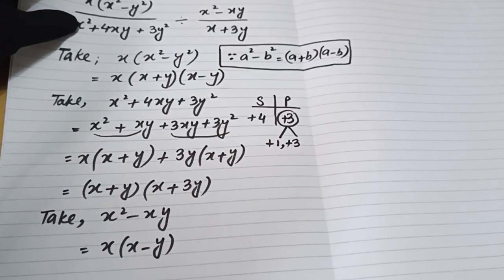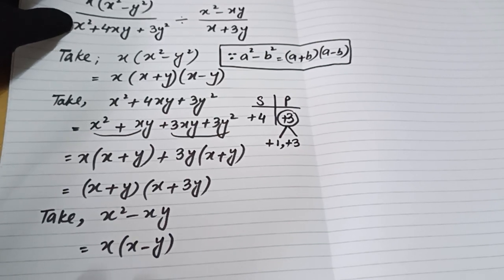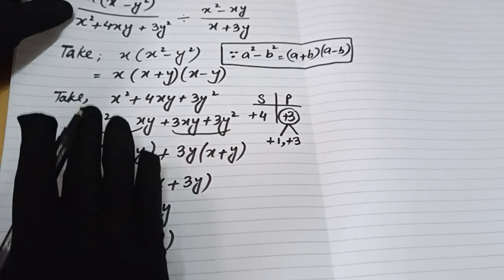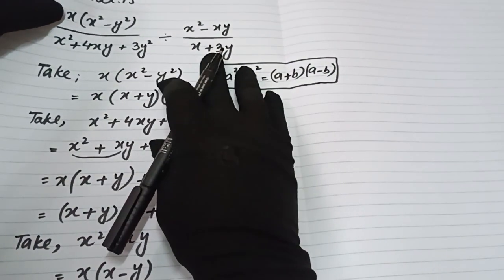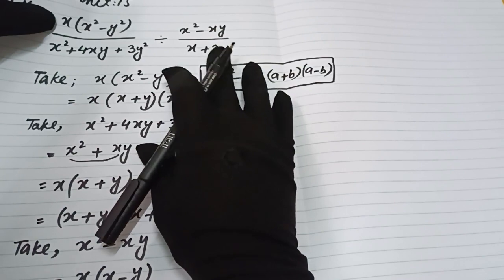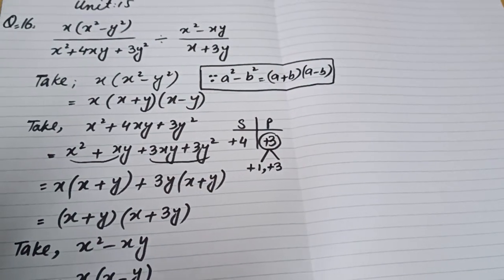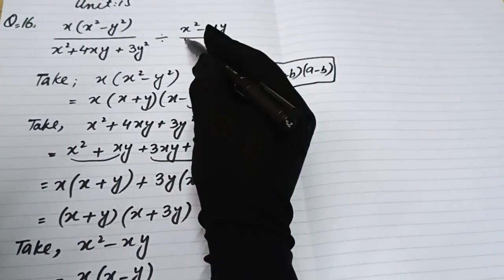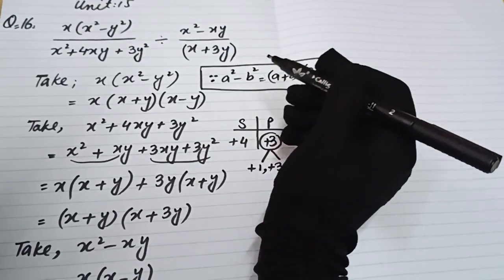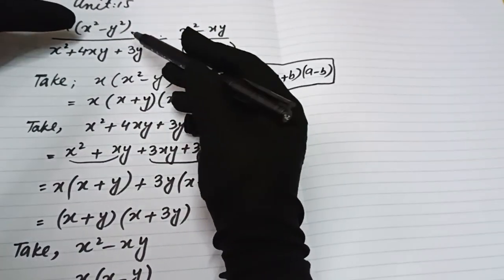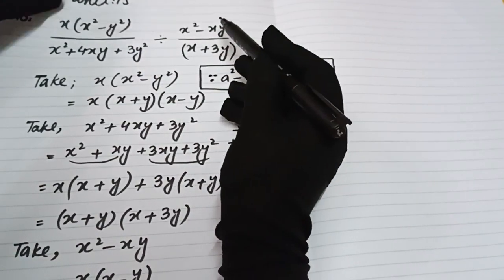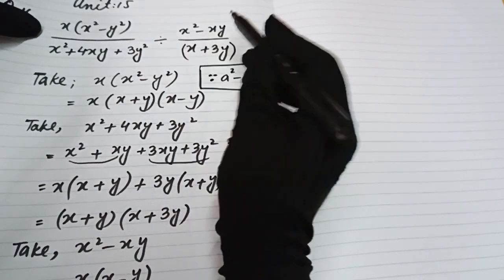Now this is a very important step: what we can do after completely factorizing all the expressions. One expression is left, x plus 3y, but looking at it, it is very clear that it is already in simplified form. So no need to factorize this expression. Only these can be factorized, and we have already made the factors of these three expressions.